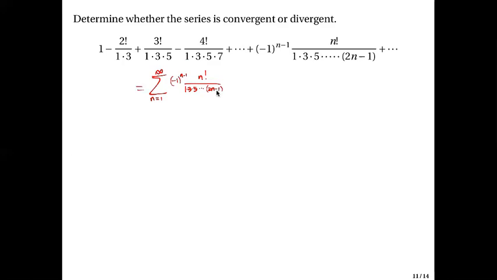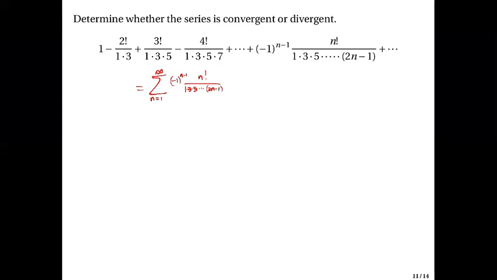So, we have seen a similar example in the lecture. This time, we get the reciprocal of this term here. Okay? So, in the numerator, you have the n factorial. In the denominator, you multiply the first few odd integers. Okay?